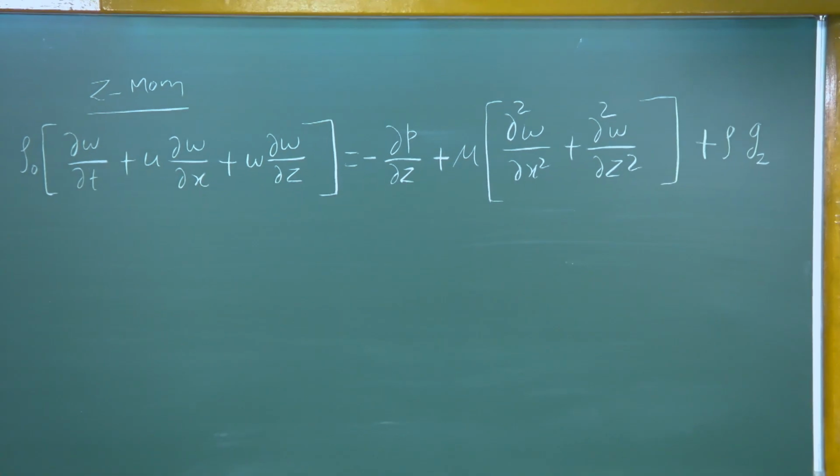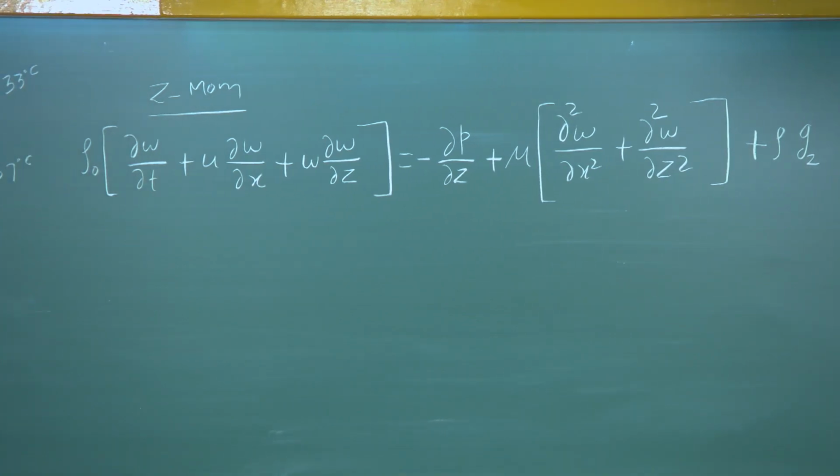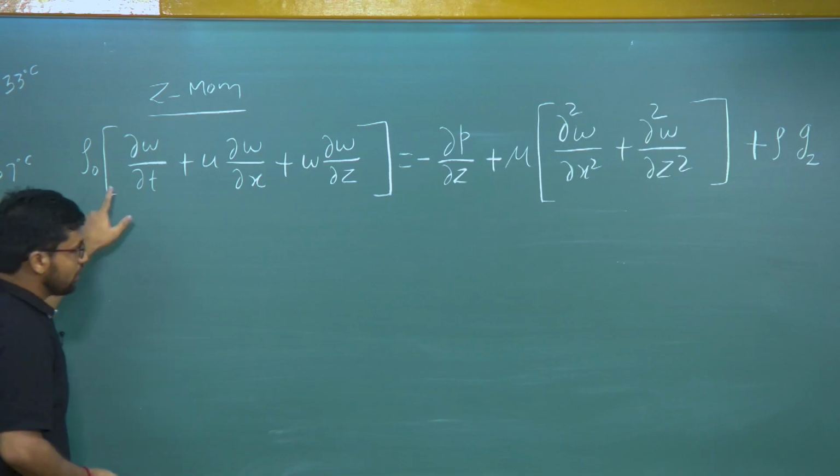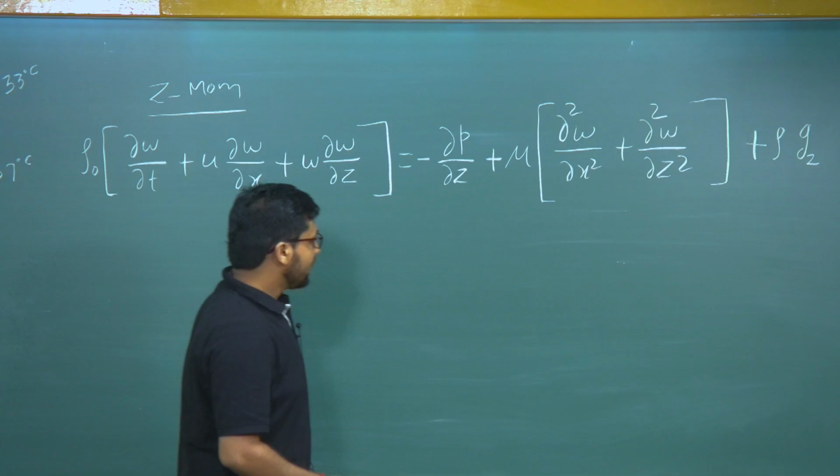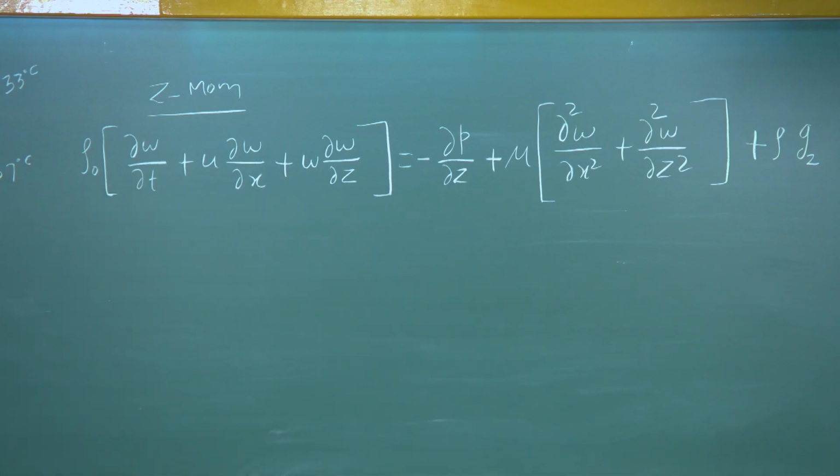Now we will make the equations dimensionless. Before that, what I want to clarify is, here we have rho naught, which is density at a reference temperature, which is constant, whereas here this is rho. Why I am taking it like this is, so far in the course you have studied problems where the density was constant.